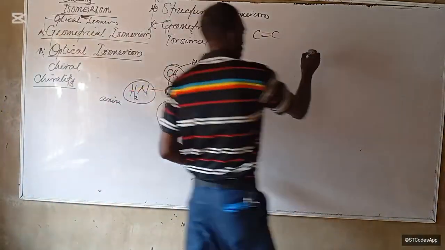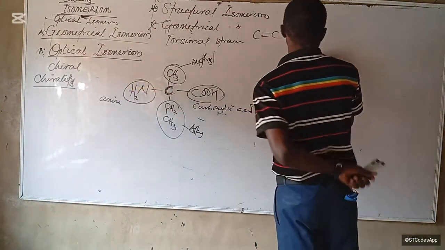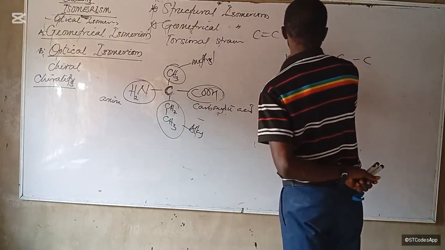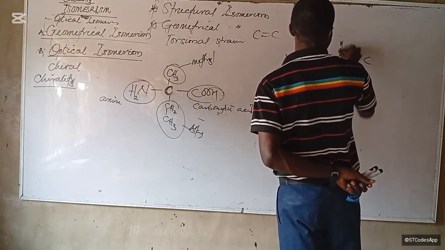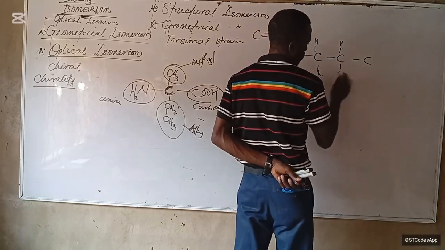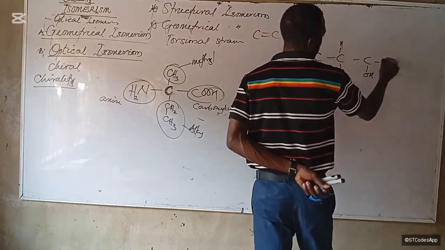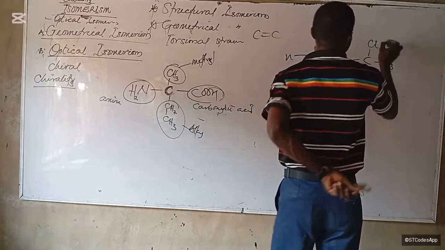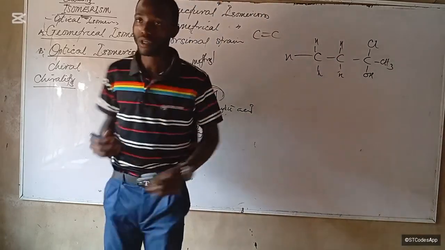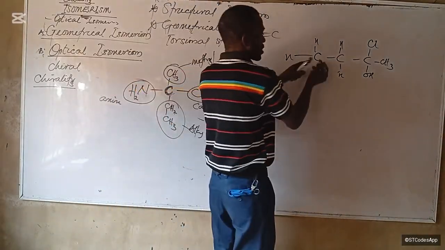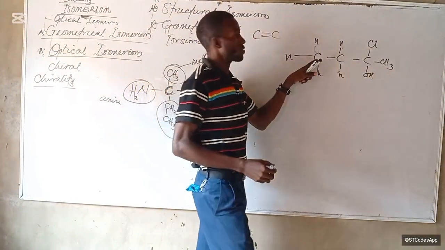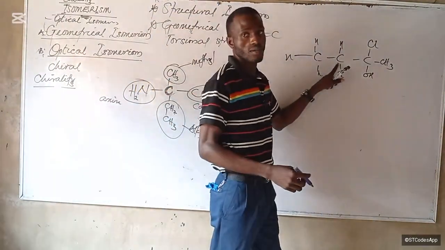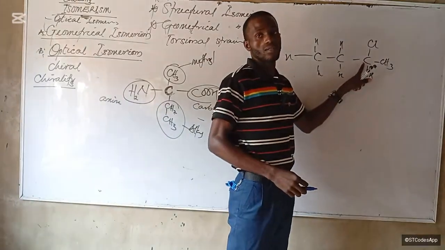So I could have a molecule like this. Watch me, for example: CCC, like this. Is there a chiral carbon there? Let's check together. Is this carbon chiral? Is this carbon chiral?